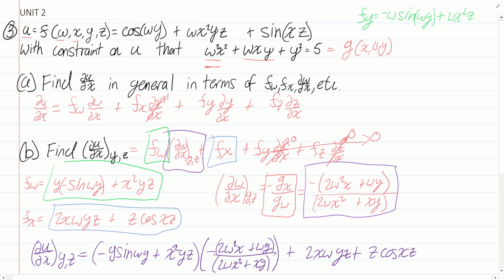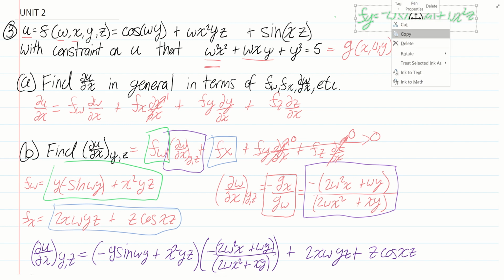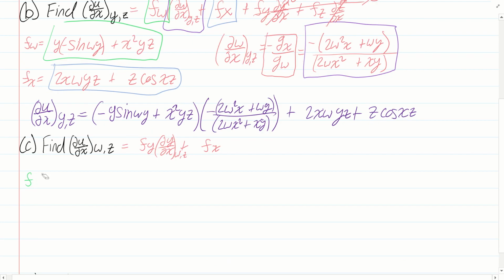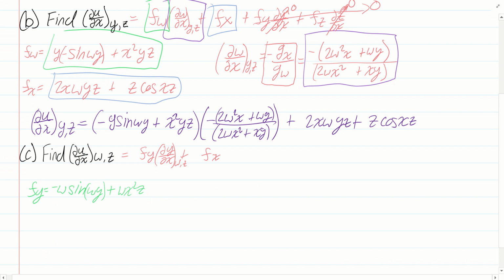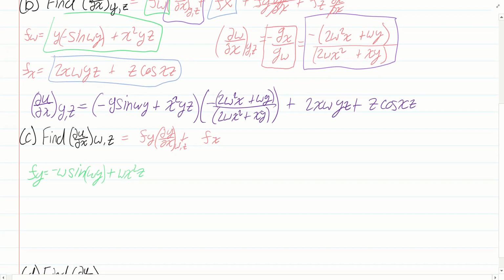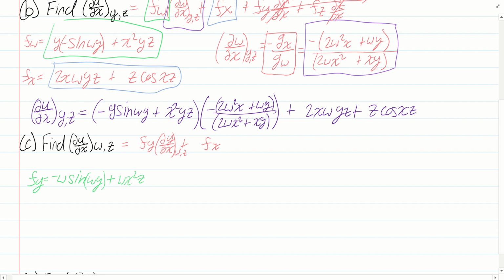And the last term goes to 0 because it has no y's in it. So now we have f_y to be negative w sine wy plus x squared wz. So now we need to find the partial of y with respect to x, holding w and z constant, because we don't need to solve f_x again. We already solved that right here.